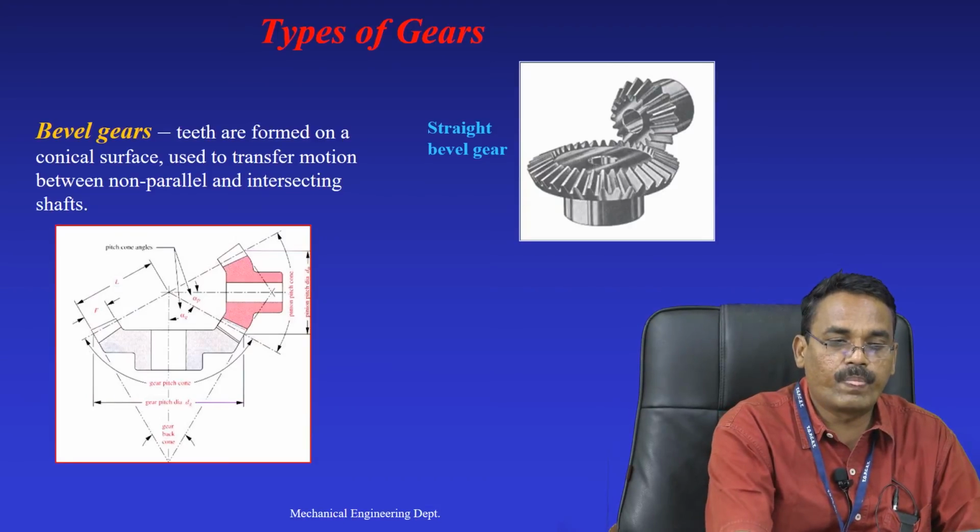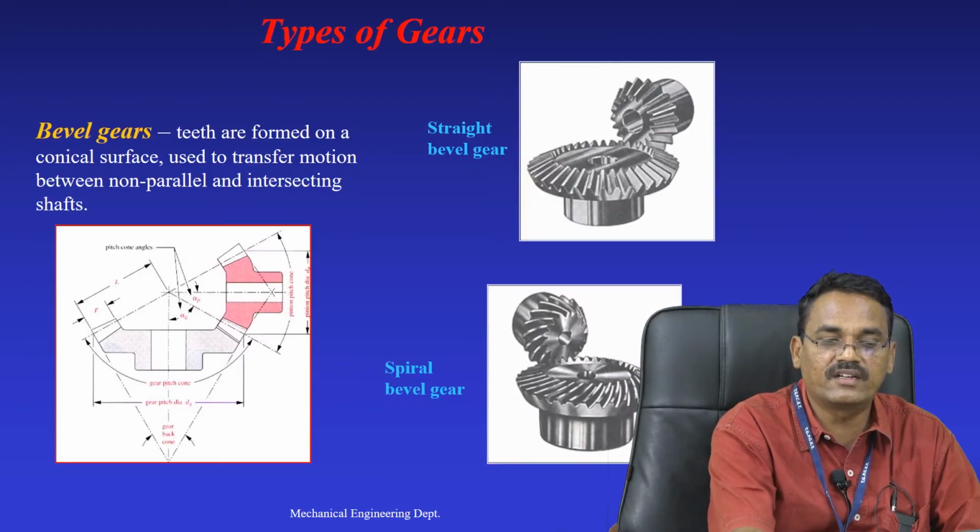From the figure it is clear that the teeth are straight. In the bottom figure, the teeth are not straight, they are curved. So the straight teeth type is called the straight bevel gear and the spiral teeth type is called the spiral bevel gear.